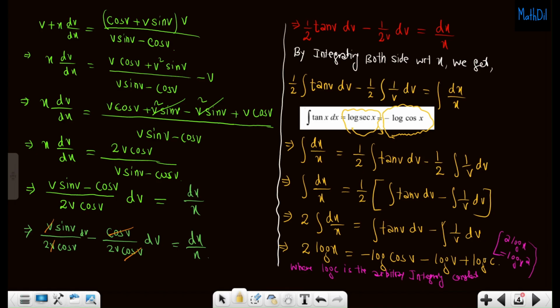But even if you want, you can add this log c to this side also. You can try that: integrate this side, then you will get here log x plus log c. You can try like that also. The expression of the answer may be changed, but that will also be correct.